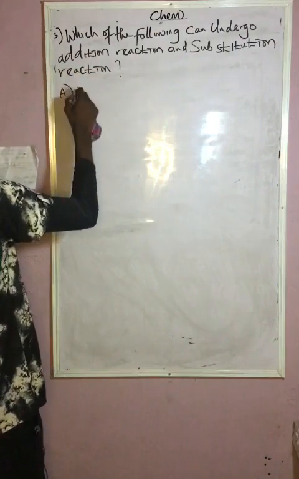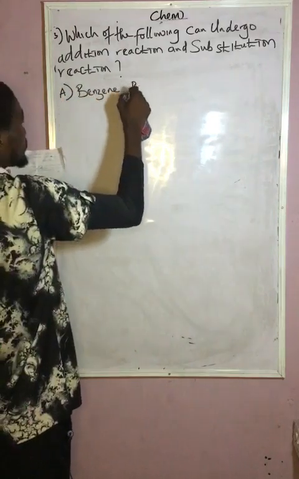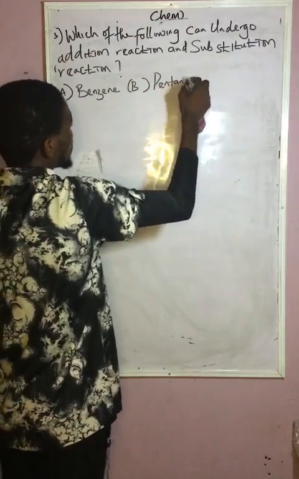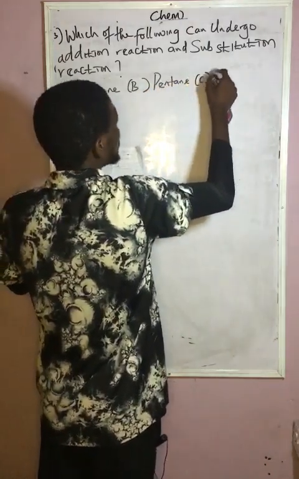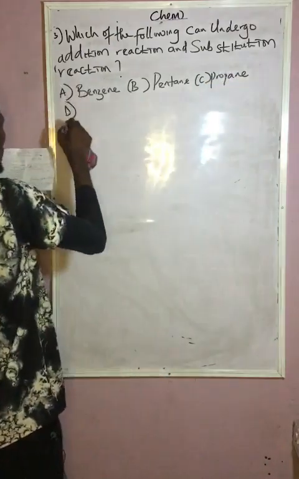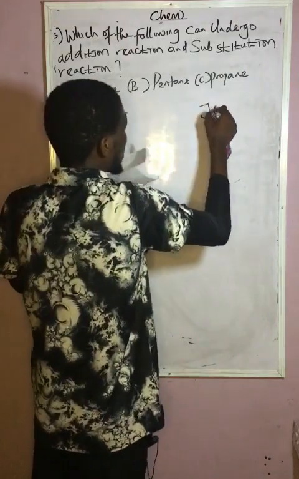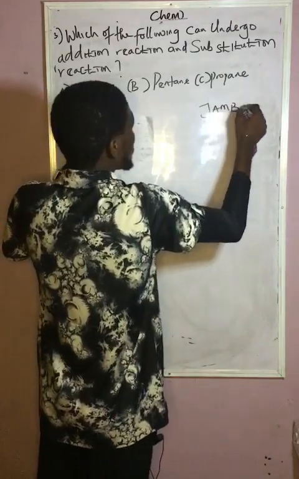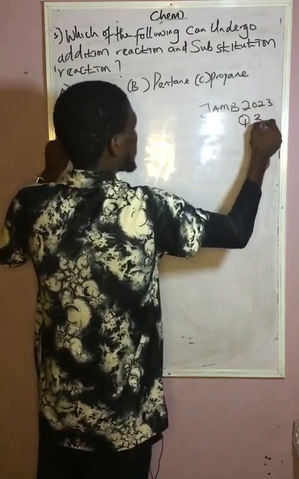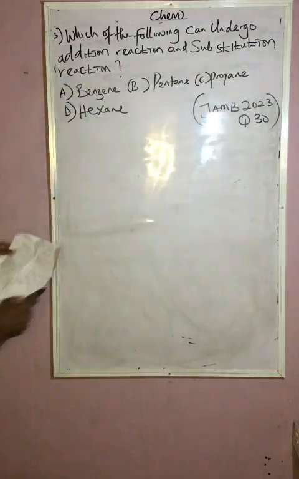A, benzene, B, pentane, C, propane, D, hexane. So this is JAMB 2023 question 30.